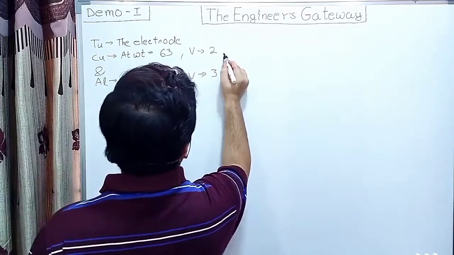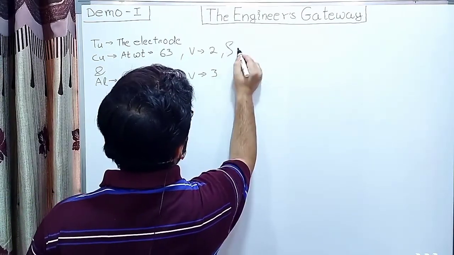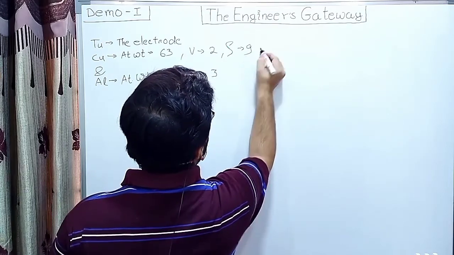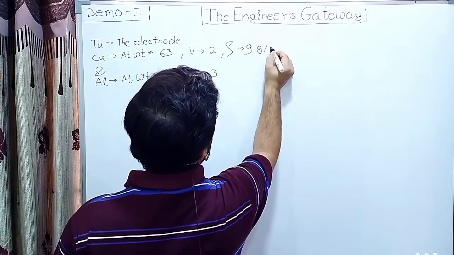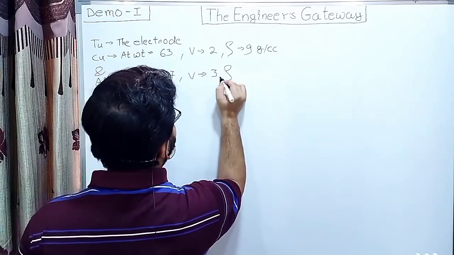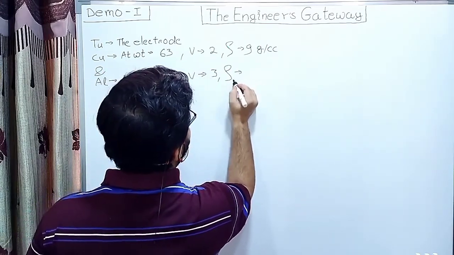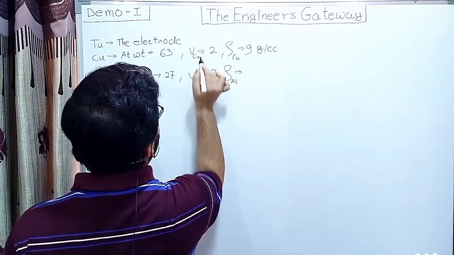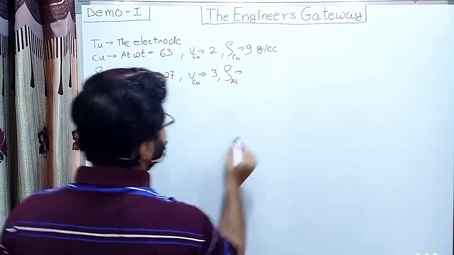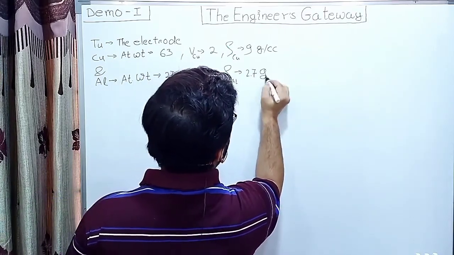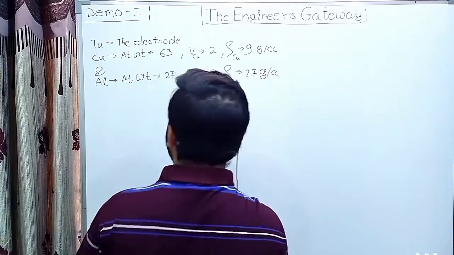For copper the density is 9 grams per cc, and for aluminium the density is 2.7 grams per cc.